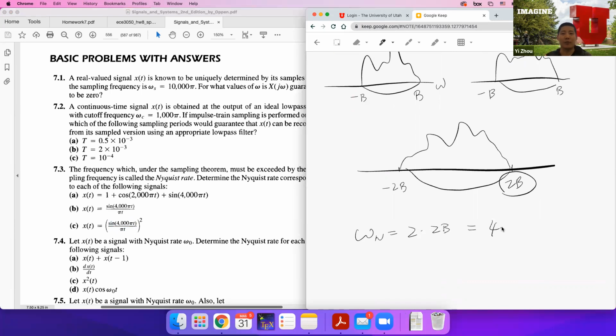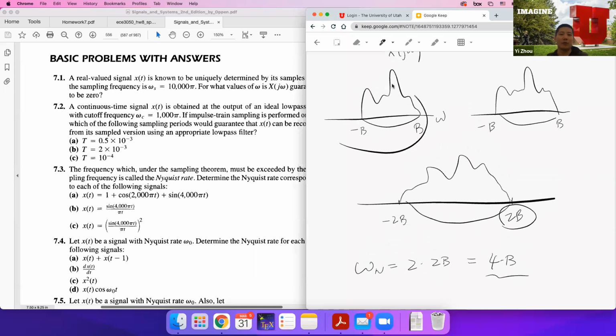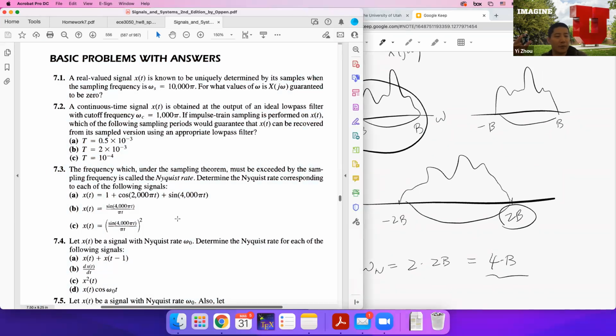It's 4 times your bandwidth. And 4 times bandwidth is 2 times the previous Nyquist rate for the original signal. So basically, when you raise the signal to the power of 2, the Nyquist rate will always be increased by 2.